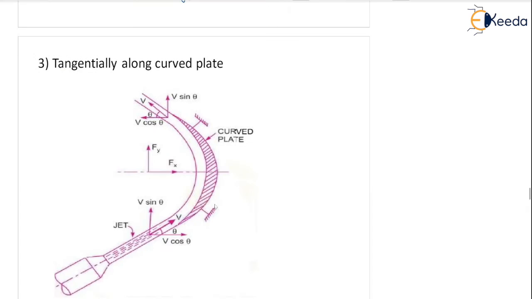Now look at the third case: the jet of water striking tangentially along the curved plate. This is also a fixed curved plate. You can see it is striking tangentially with velocity V, and theta is the angle with the horizontal, with components V cos theta and V sin theta.